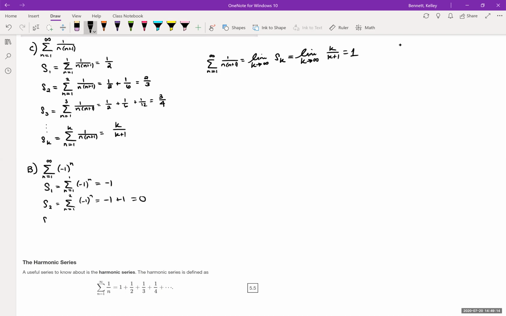And the third term, -1 plus 1 minus 1 equals -1. So this is just oscillating back and forth between -1 and 0. We can see that it's not going to approach anything. So the limit as k goes to infinity of s sub k does not exist.